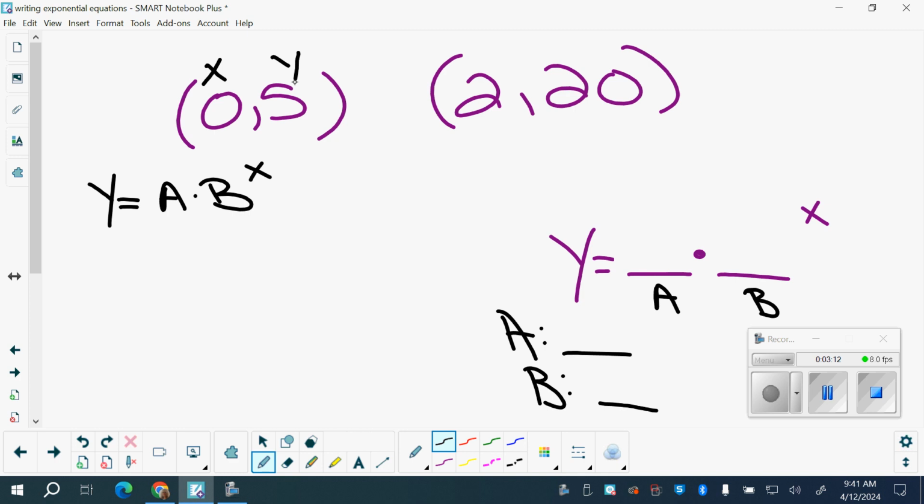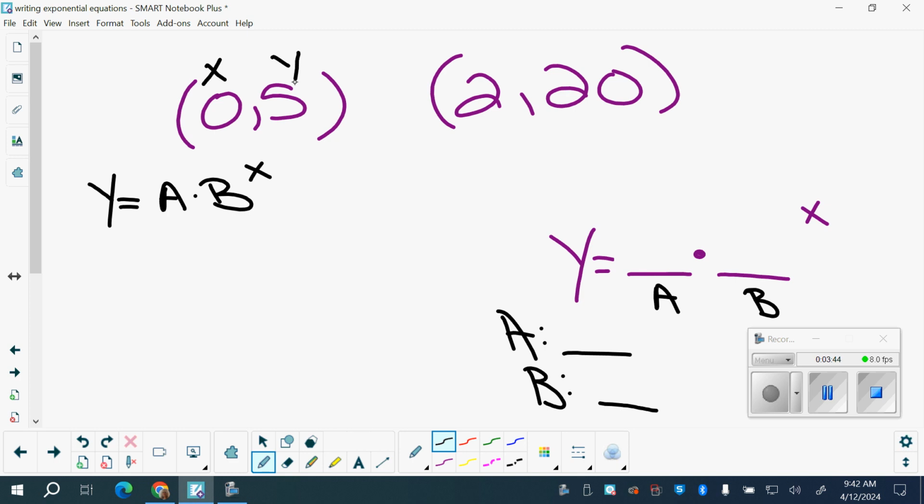Stop there. I'm going to walk around while you do that. Plug in x and y, 0 and 5. So it's going to be 5 equals A times b to the 0, right?